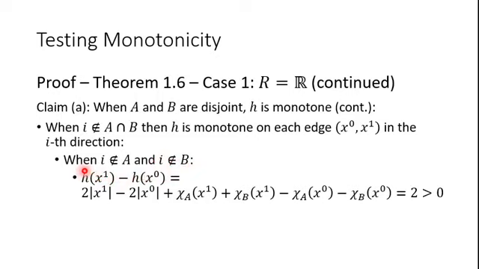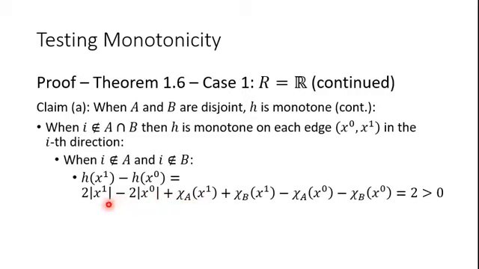So in this case, if we subtract h(x0) from h(x1), if h is monotone we'd expect this to be greater than or equal to 0. Indeed, if we plug in the details into h's formula that we saw in the previous slides, we get the following term.